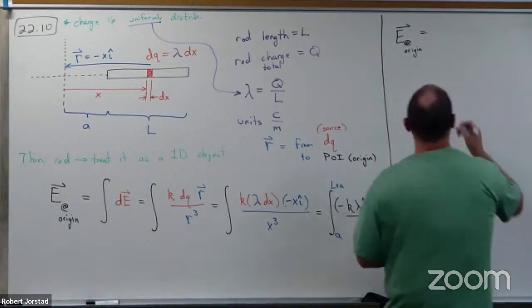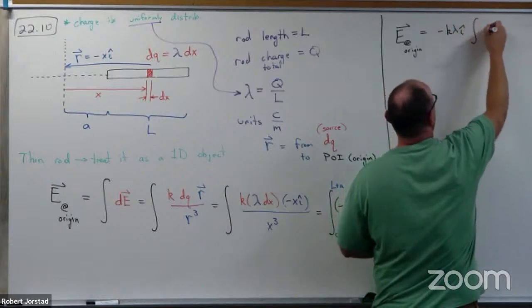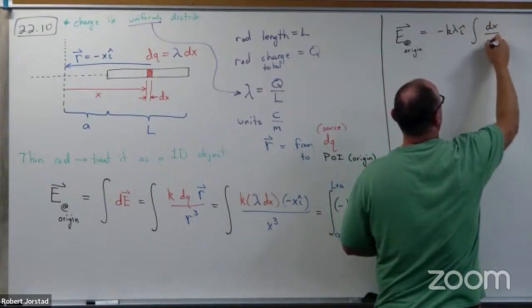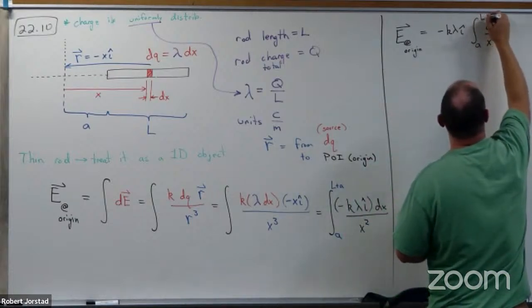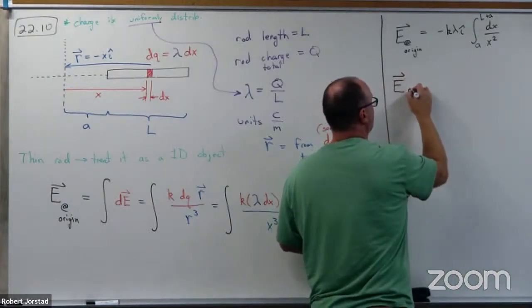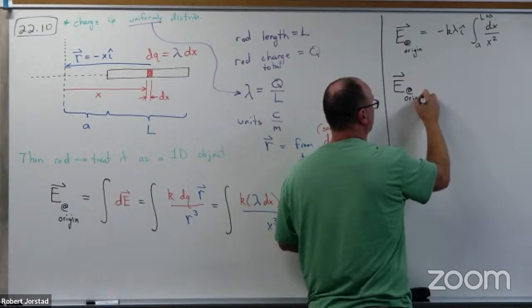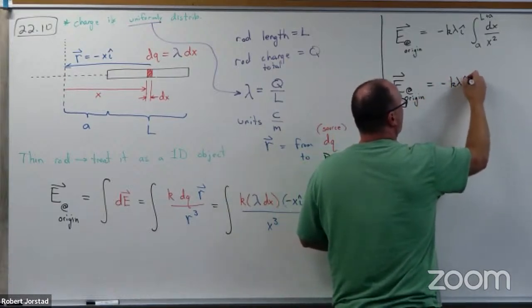So that means I could rewrite this as negative k lambda i hat times the integral of dx over x squared from a to L plus a. Rewriting, you can check the answers in the solution. Negative k lambda i hat.